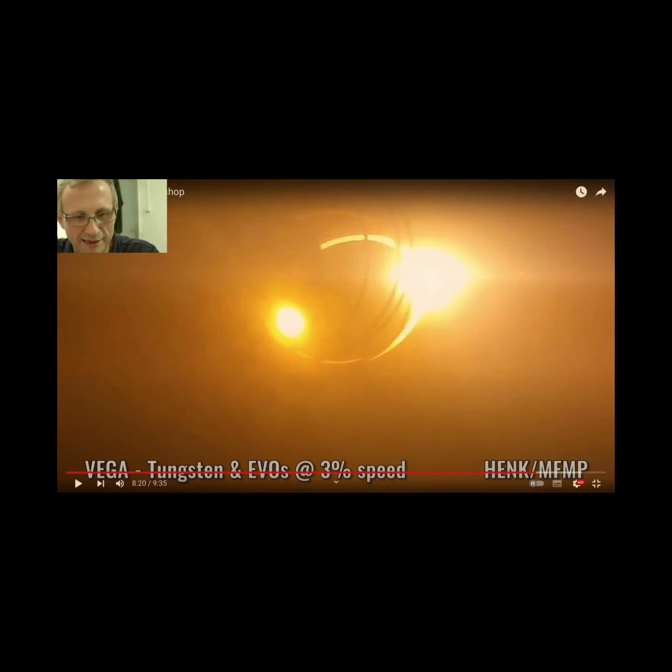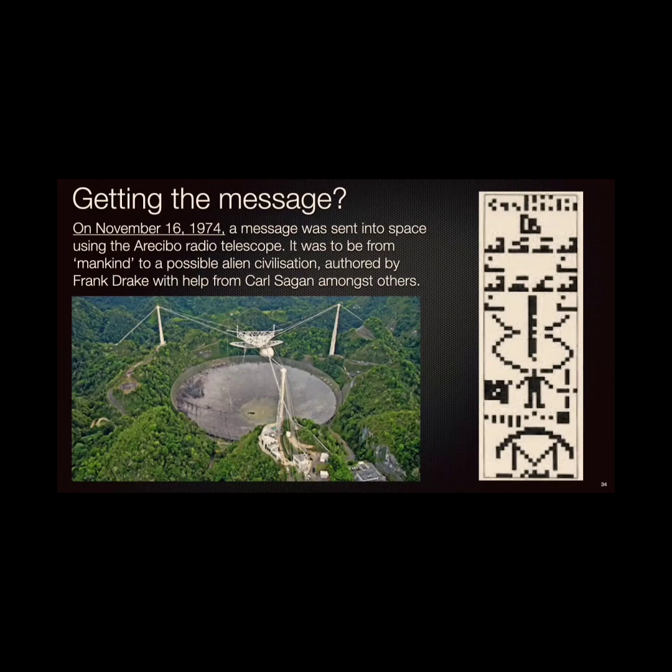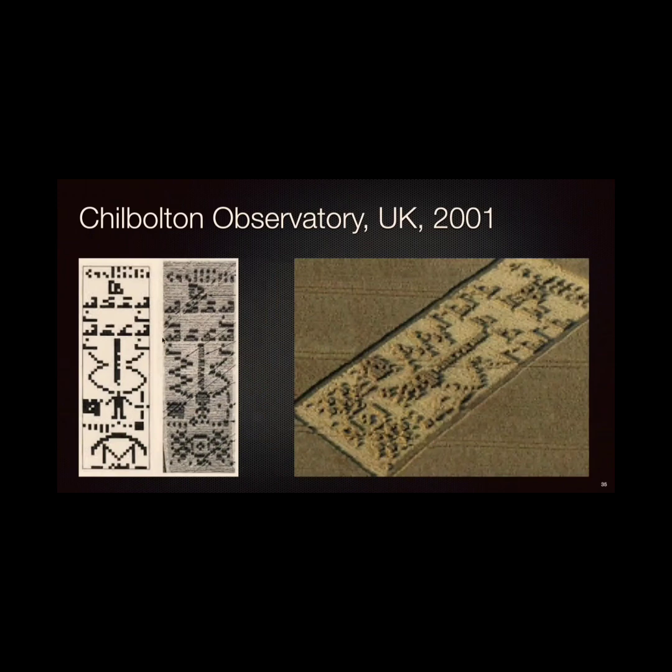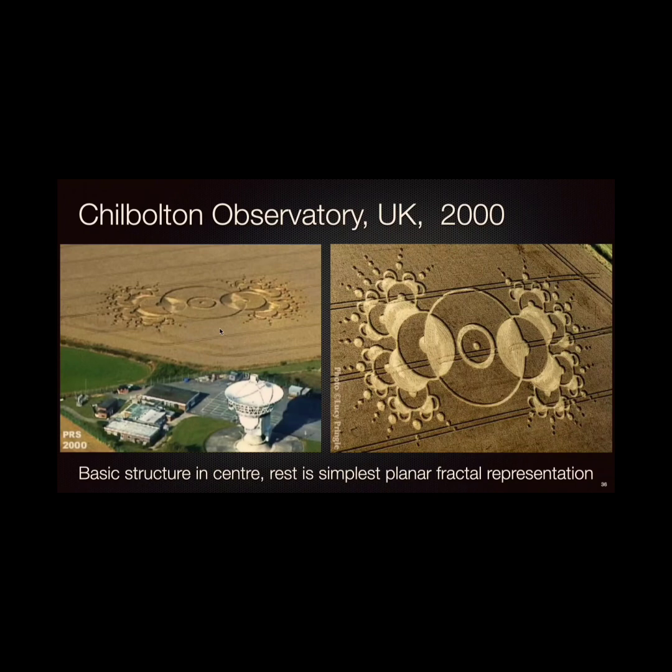And I spoke about another example to this, which was in my Sochi presentation. This was the Arecibo telescope that sent out a message, and it looked like this, and this was the response that we got back, and it looked like this. It was by the Chilbolton Observatory, but a year before it had this structure, a ring with a spot.